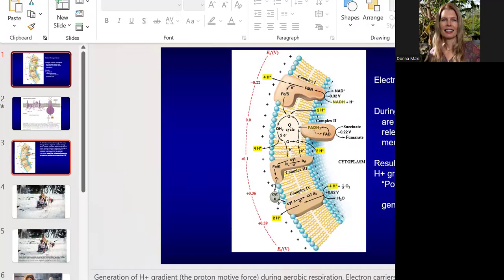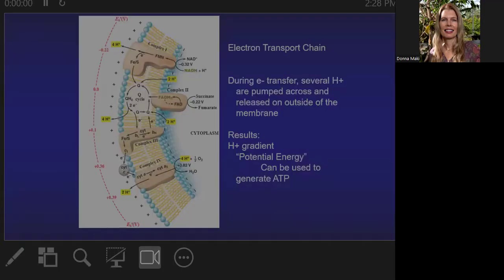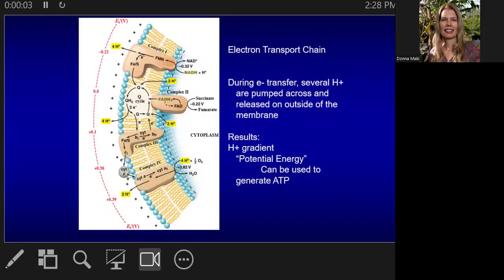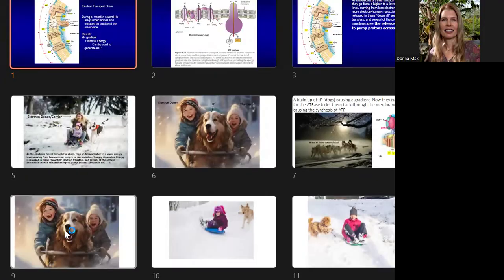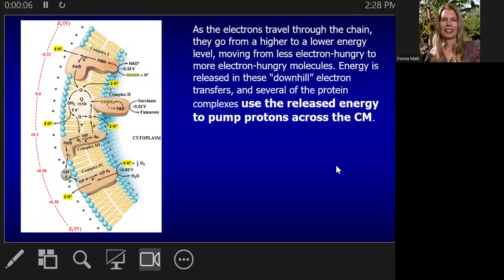All right, so if this is a little puzzling, maybe this will help. As the electrons are traveling through the chain, they go from a higher to a lower energy level, and that's denoted by these negative numbers at the start, and you end up at areas that have a really positive voltage.